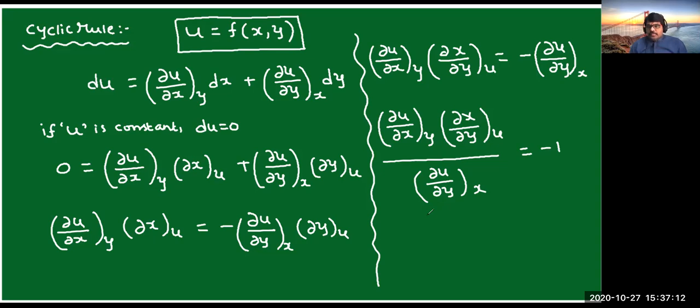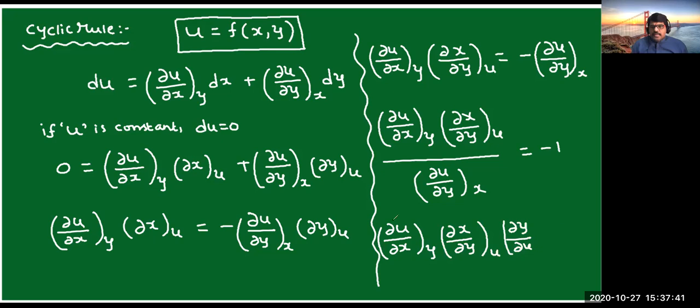Both are the same. So according to that relation, we can write del u by del x at a constant y into del x by del y at a constant u into del y by del u at a constant x is equal to minus 1.